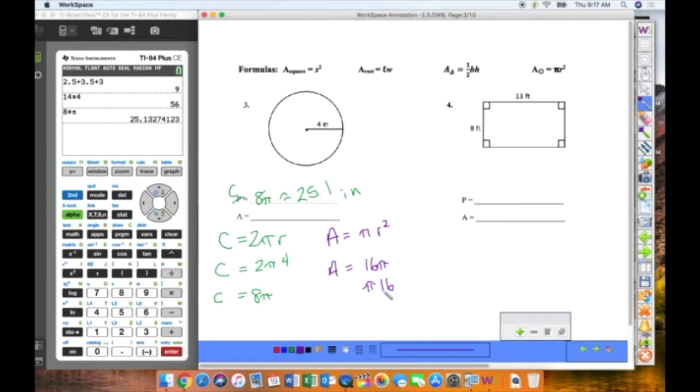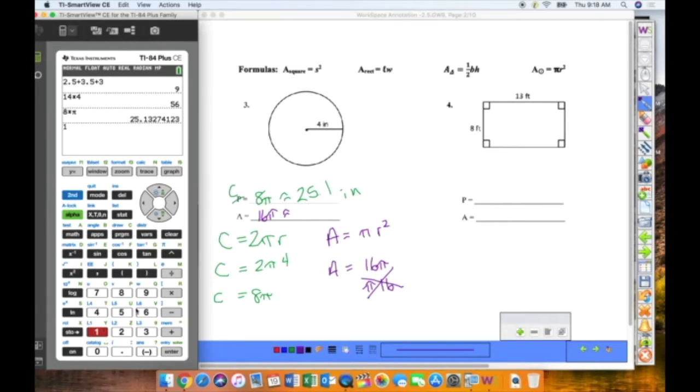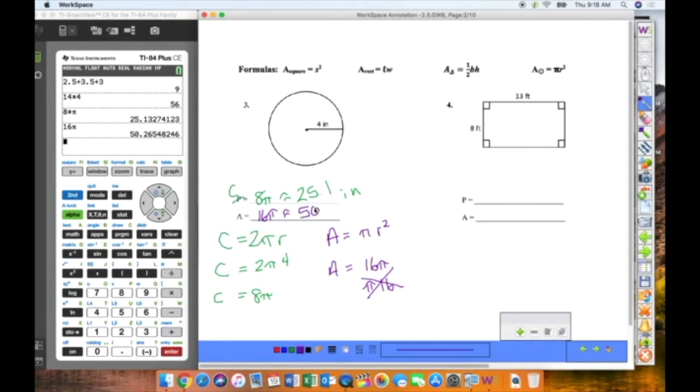You know, dessert always comes last. Always save the pi for last. So no pi 16. It's 16 pi. And again, we'll approximate that. So 16 times pi rounded to the nearest tenth is about 50.3. That's what approximate symbols are. 50.3 square inches because this is an area.